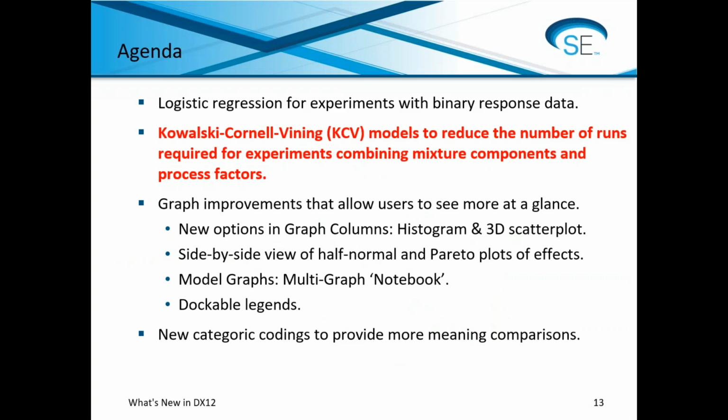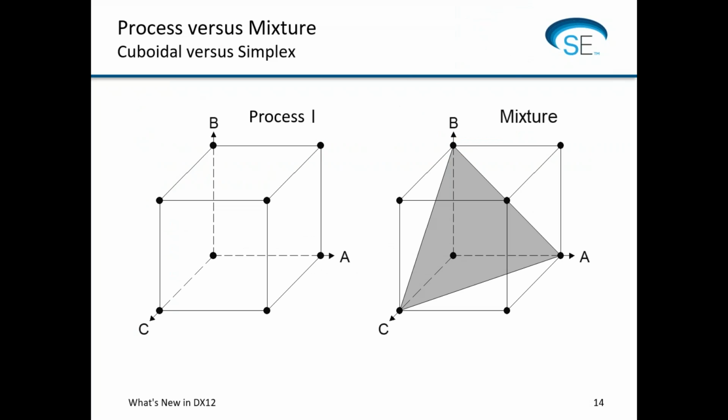The next tool is for those of you who are doing formulation studies, and you also have to combine process factors, making this a combined mixture process study. There are new models developed by Scott Kowalski, John Cornell, and Jeff Vining that reduce the number of runs.